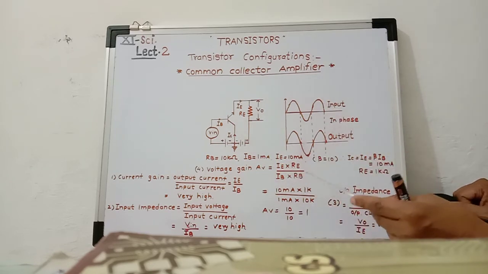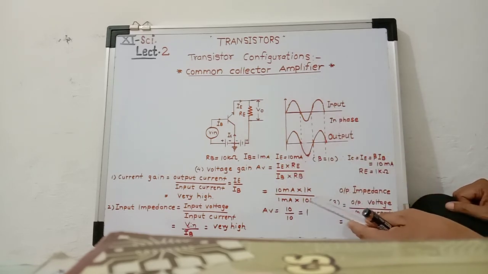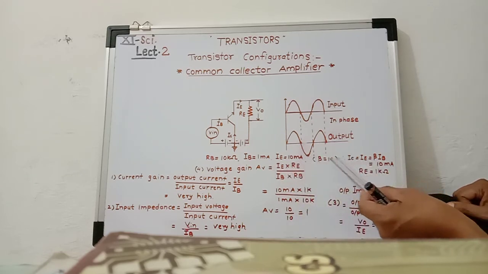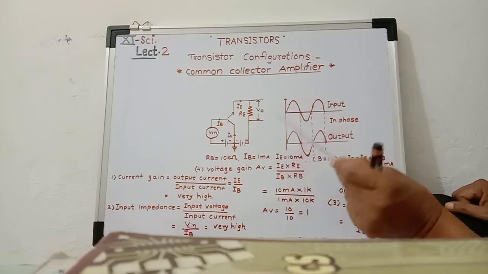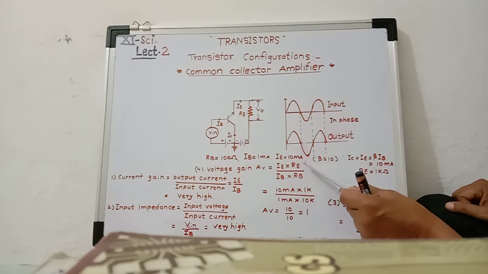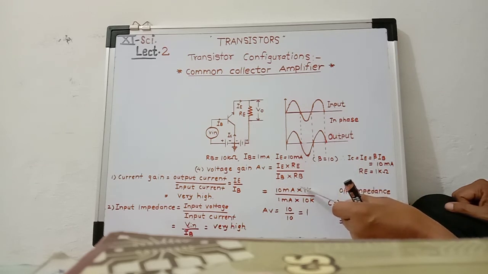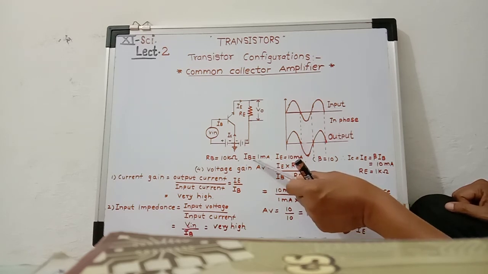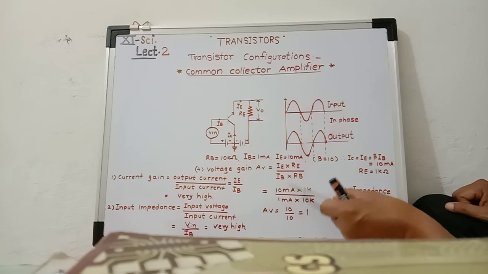Suppose the emitter current IE is 10 milliampere and the emitter resistance RE is 1 kilo ohm. IB is 1 milliampere and RB is 10 kilo ohm.